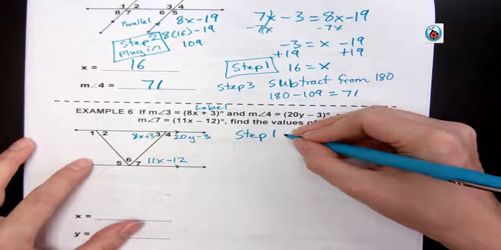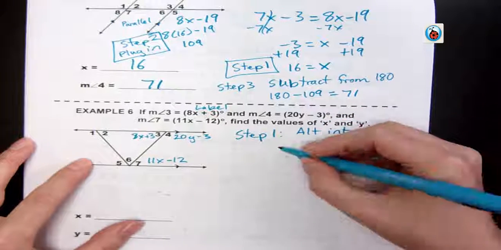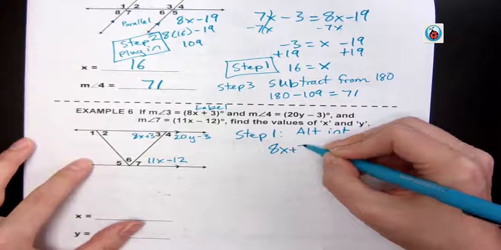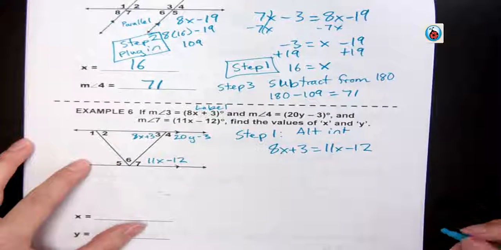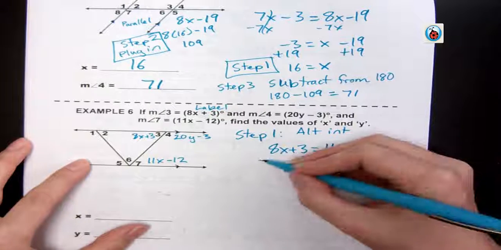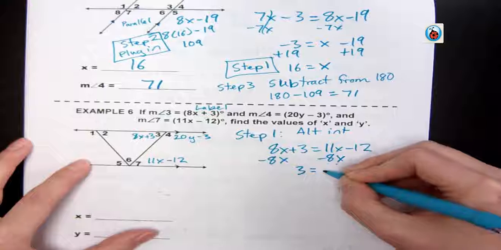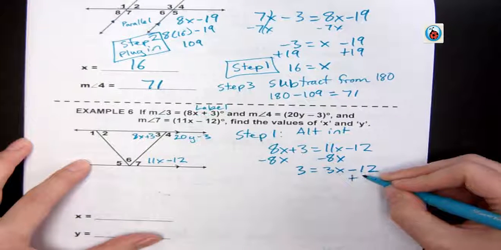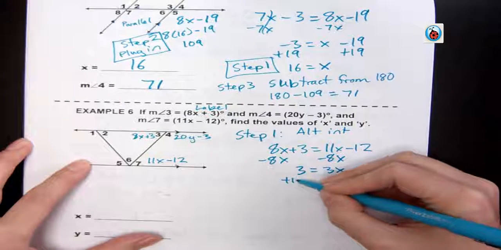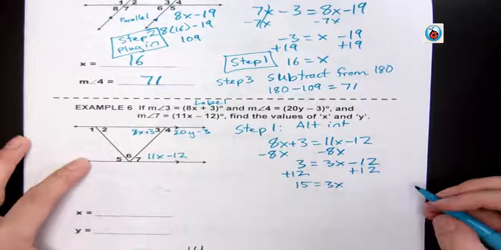So I have alternate interior, which means 8x plus 3 equals 11x minus 12. And then I solve, so minus 8x, get 3 equals 3x minus 12, plus 12 to get 15 equals 3x.